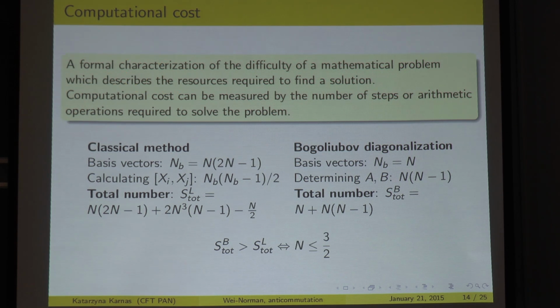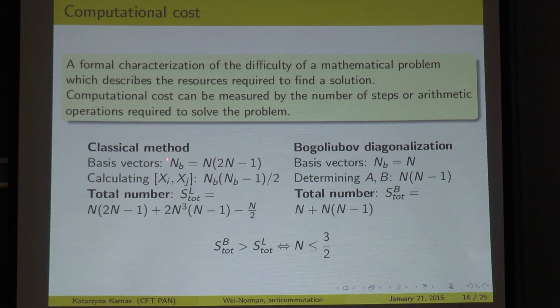And it could be proven, for example, by comparing the computational cost of the direct Wei-Norman method and the Bogoliubov diagonalization.